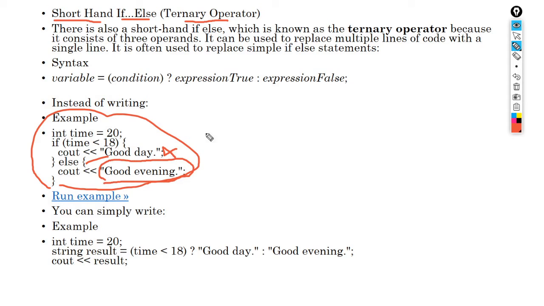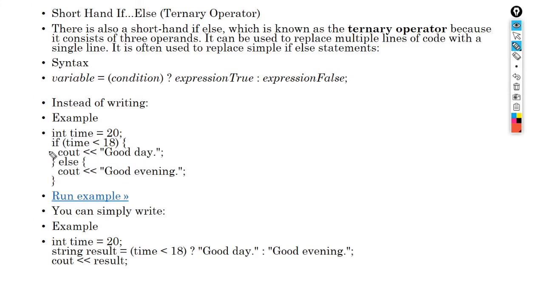So this whole program, this if else, can be written simply like this: int time equals 20, string result equals time is less than 18 question mark good day, and then comes the colon and then good evening.